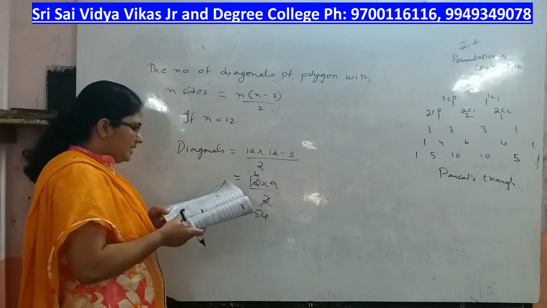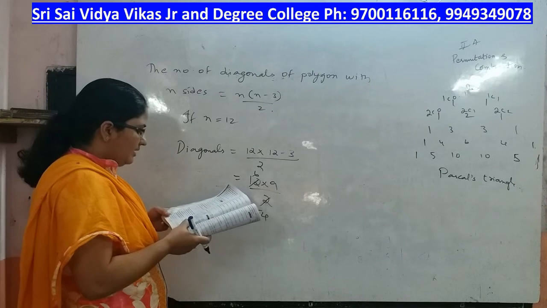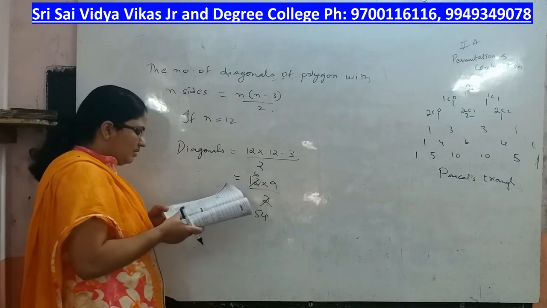If n persons are sitting in a row, find the number of ways of selecting two persons who are sitting adjacent to each other.